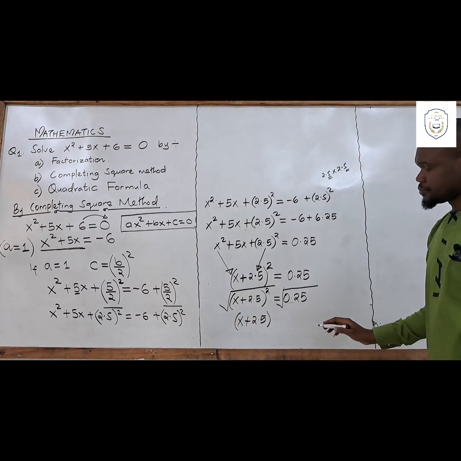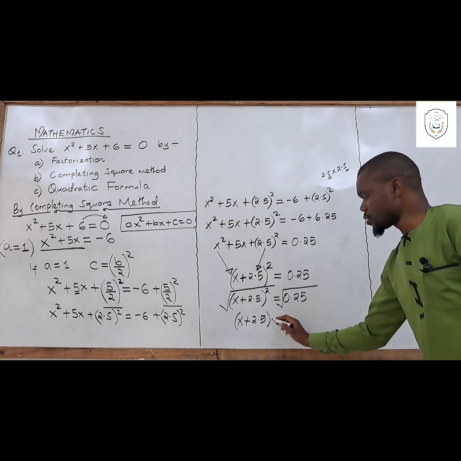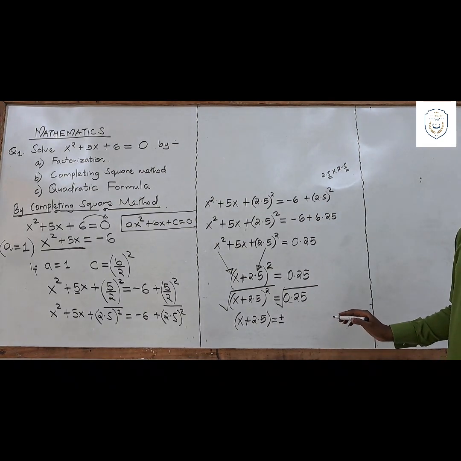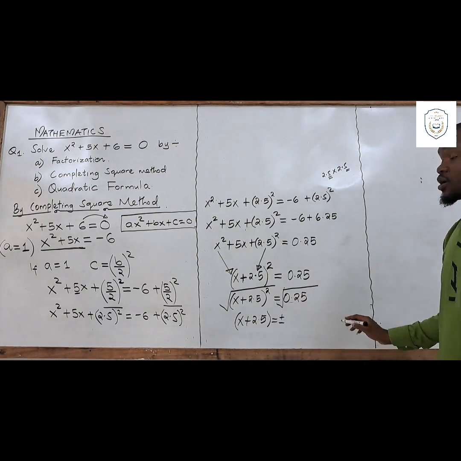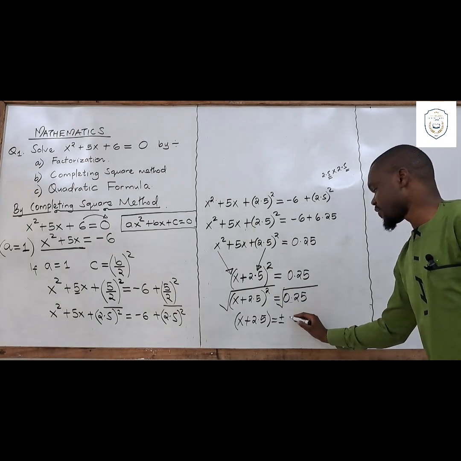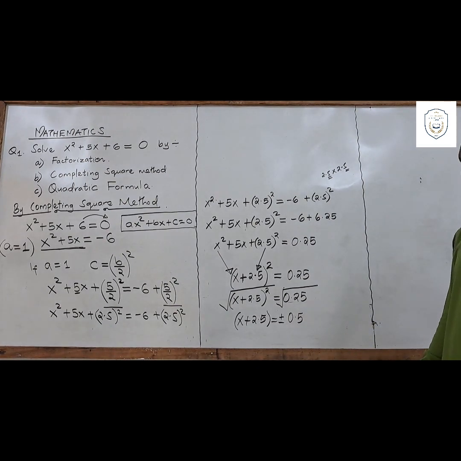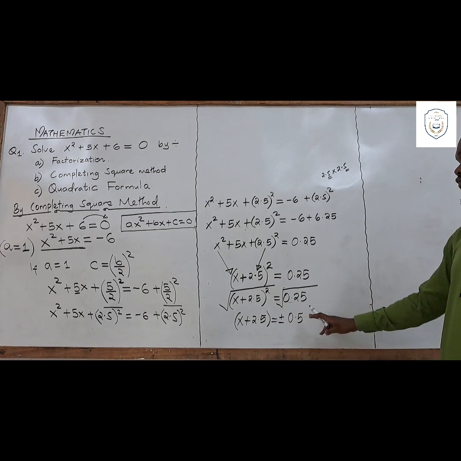On this other side, the square root of this will always be a plus or minus. And the square root of 0.25 gives you 0.5. You can use your calculator to confirm, but it will give you 0.5.